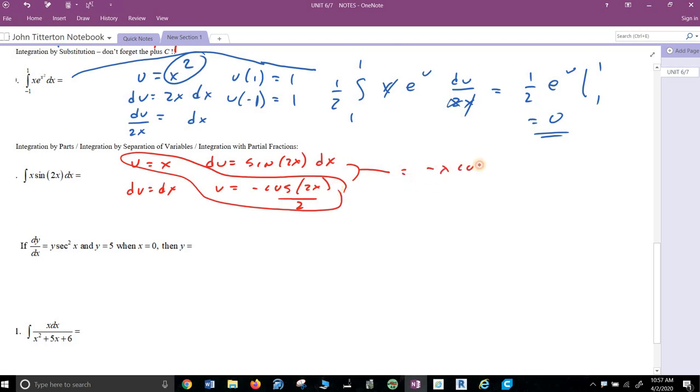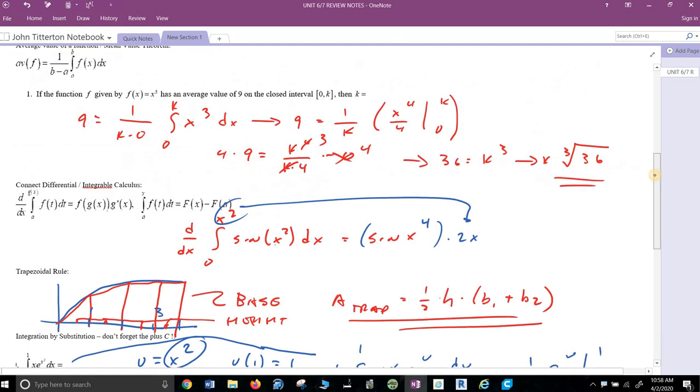Negative x cosine of 2x over 2 minus the integral of this, which is negative negative, so I'm just going to pull that out front. There's a 2, I'm going to pull that out front, and cosine of 2x dx.